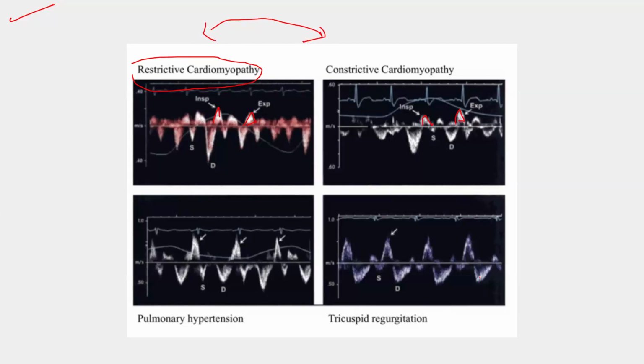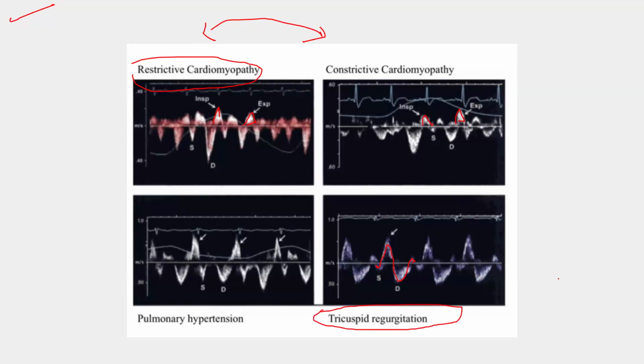Okay, what is this here? This is S, small s and large S, and then D, and then A. What is this? Anybody can guess? This is systolic reversal, and this is severe TR.